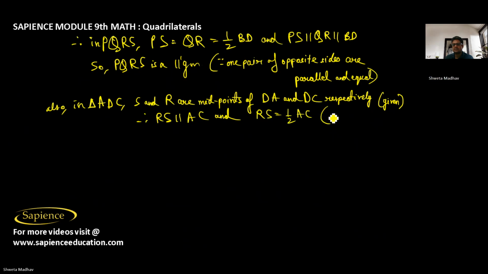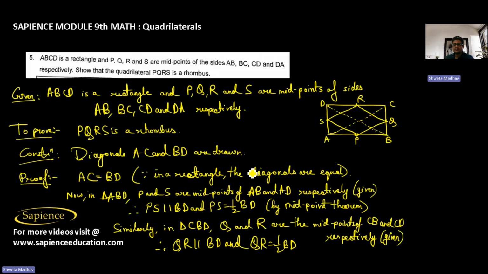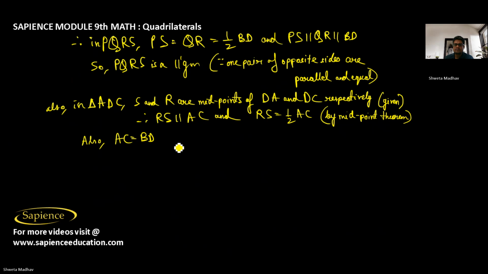So by using the midpoint theorem, also AC equals BD, since ABCD is a rectangle. So I can say that RS is equal to half of BD also.